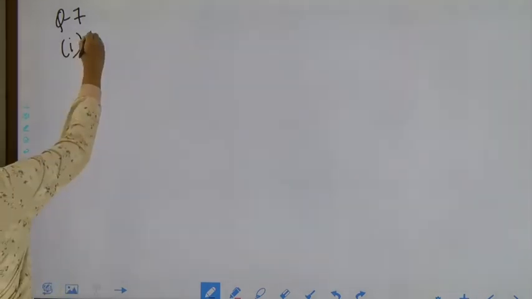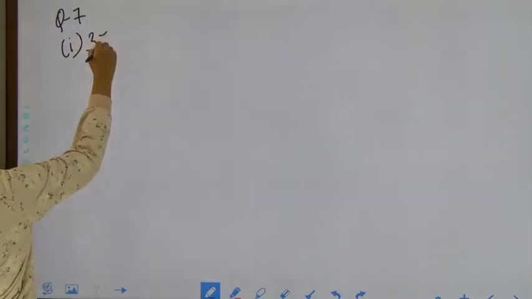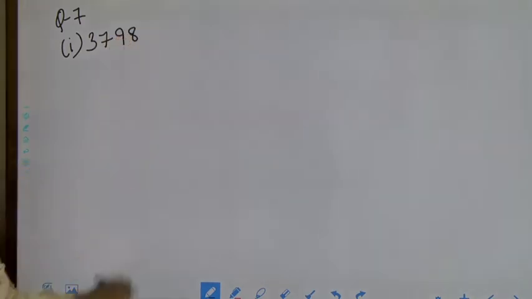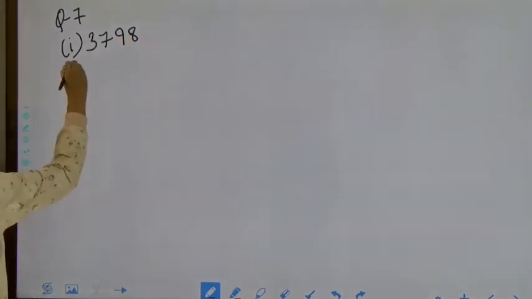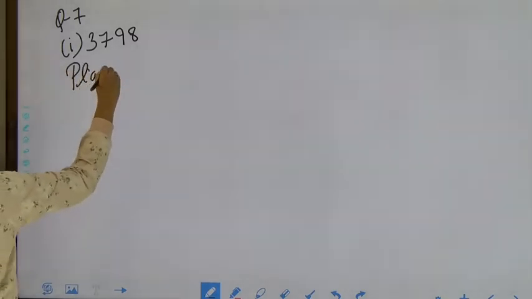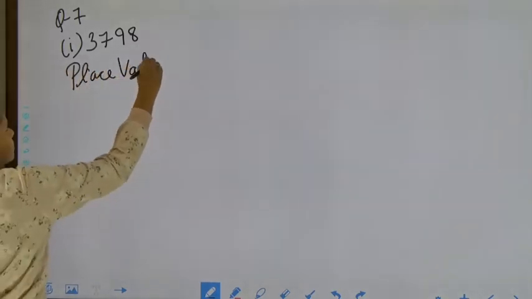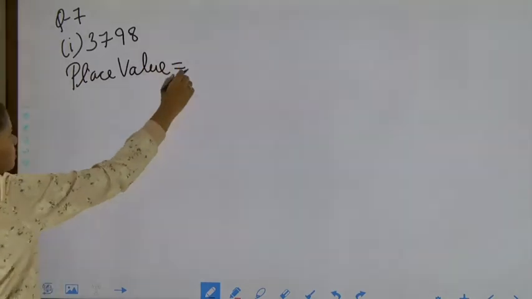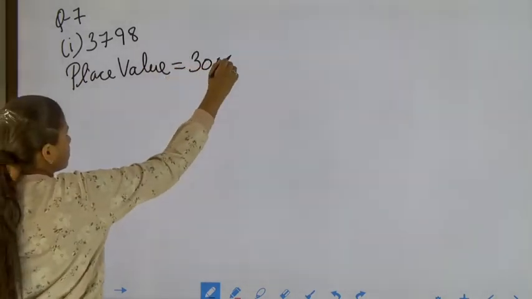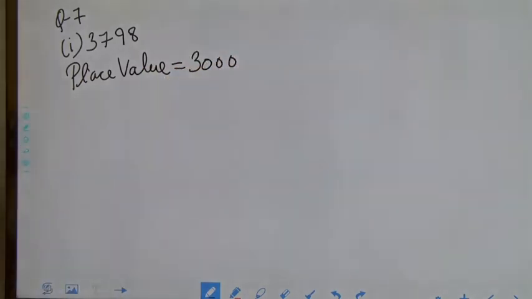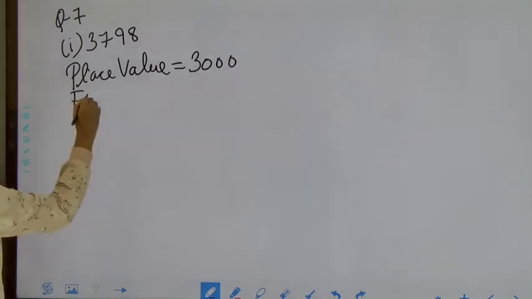First part, that is 3,798. First we have to write the place value and then the face value. Place value, that is 3,000. And what is the face value? That is 3.